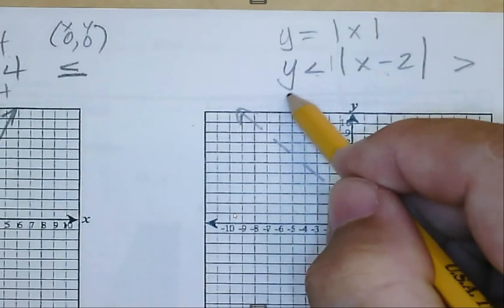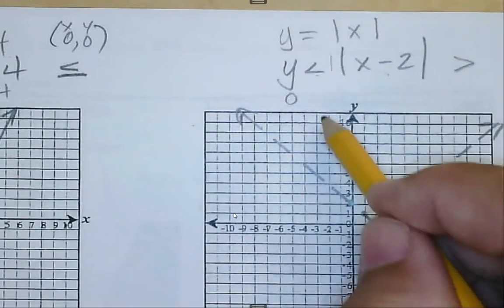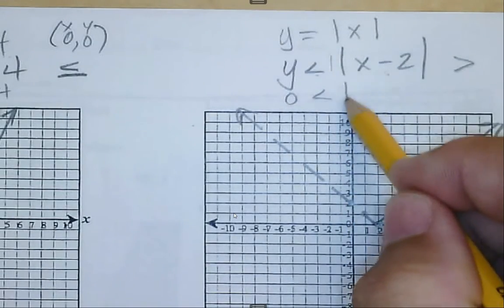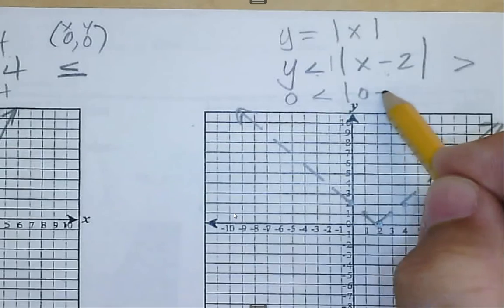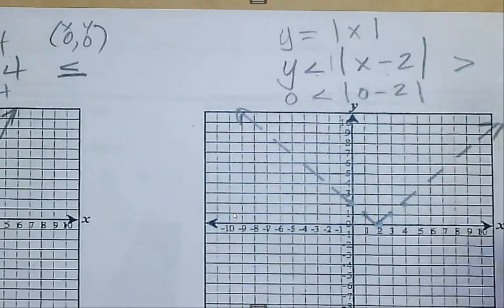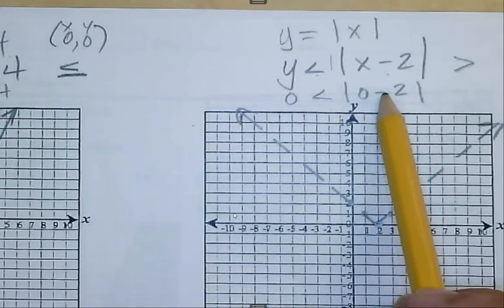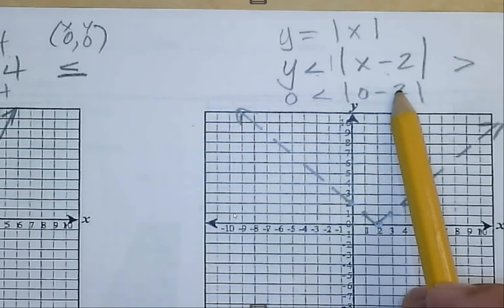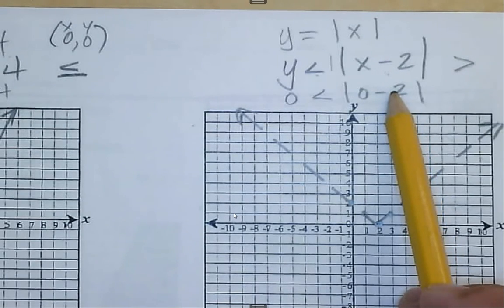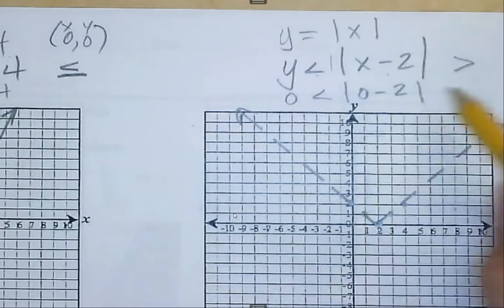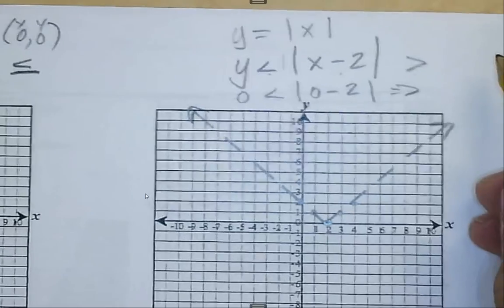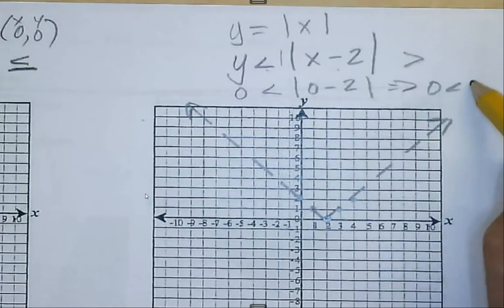So I'm going to go ahead and put 0 in here for y, less than the absolute value of 0 minus 2. And of course, the absolute value of 0 minus 2 is the absolute value of -2, which is actually 2. So what I'm left with is 0 is less than 2.